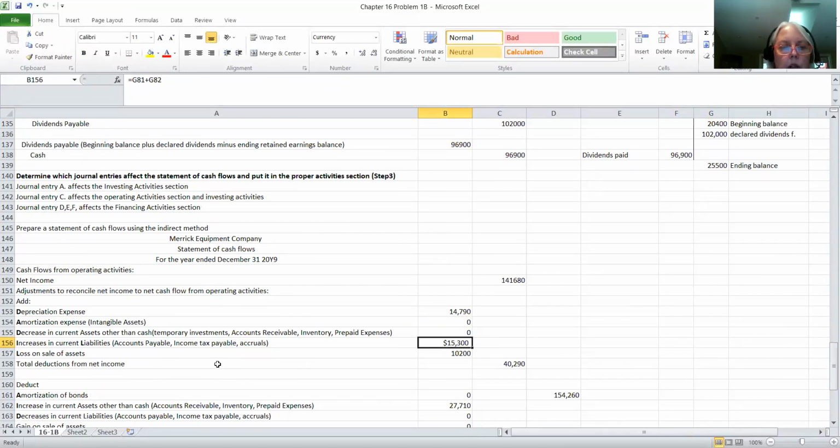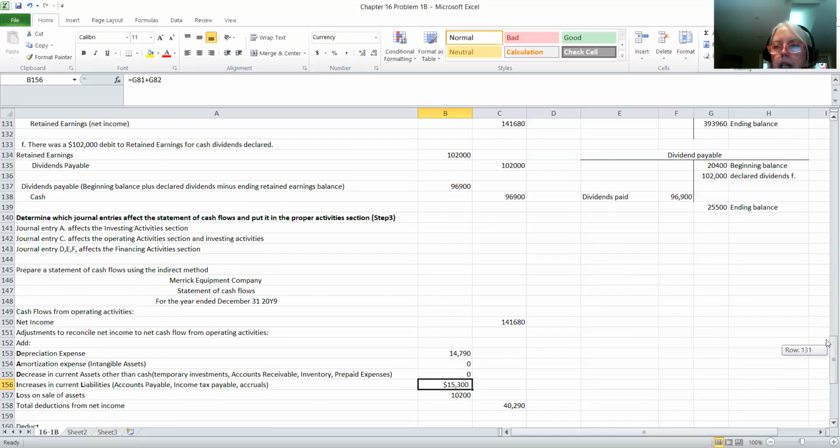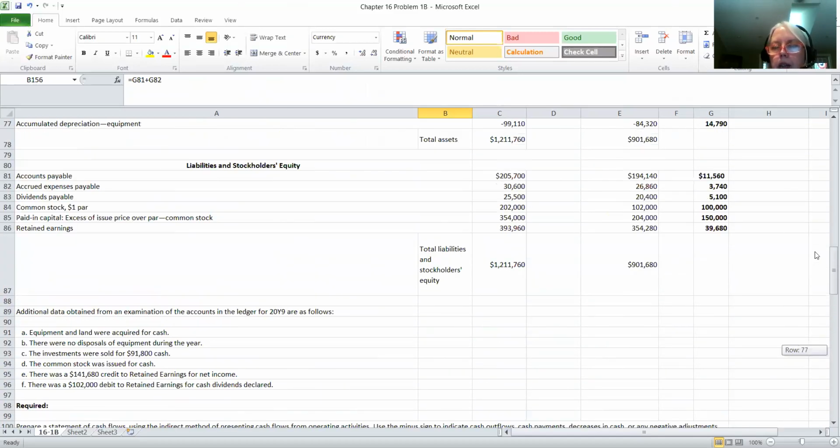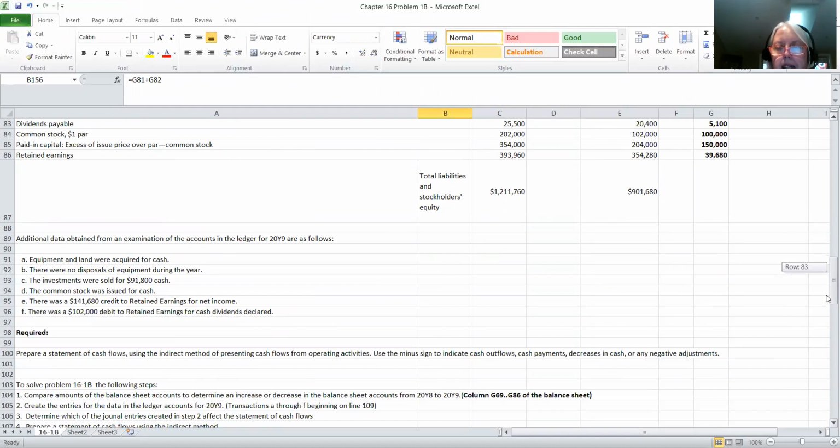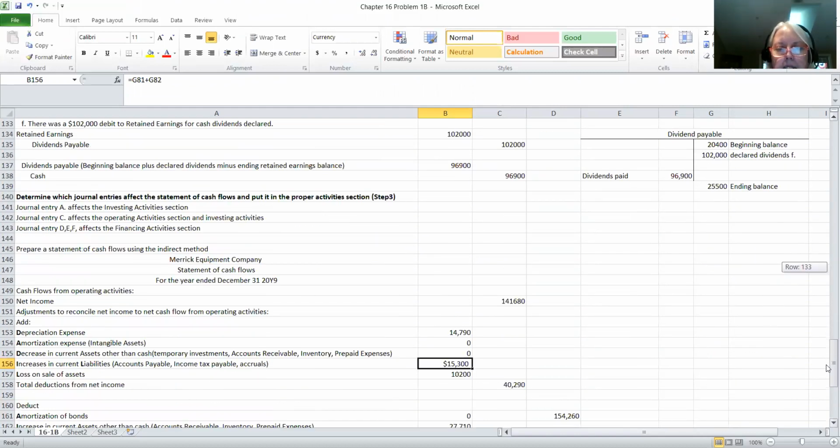The next thing I'm going to look at is whether or not there were any increases in my current liabilities. Current liabilities such as accounts payable, income tax payable, any accruals. In this problem, we had an increase in accounts payable and we had an increase in accrued expenses payable. So the two of those combined are increases in our current liabilities.